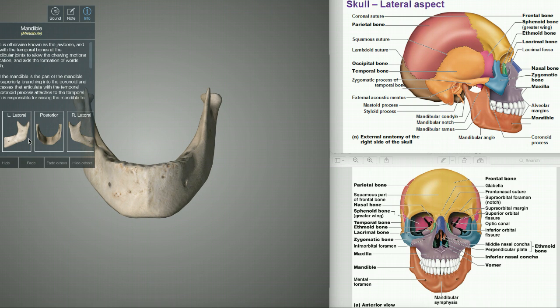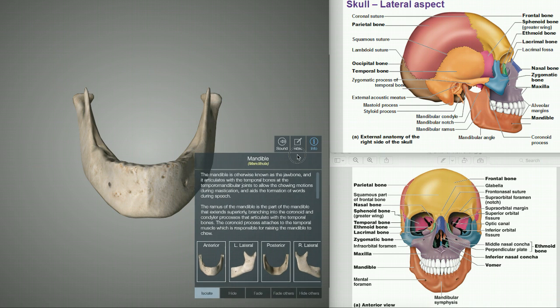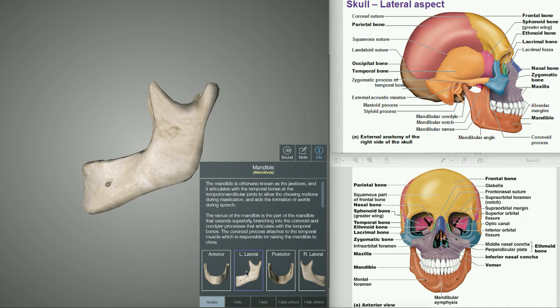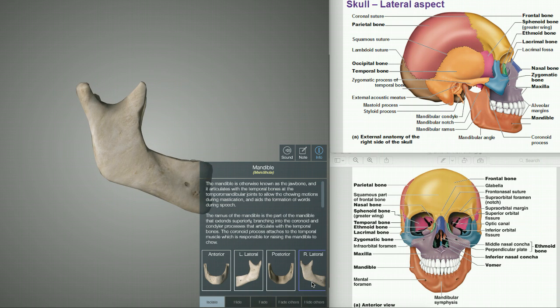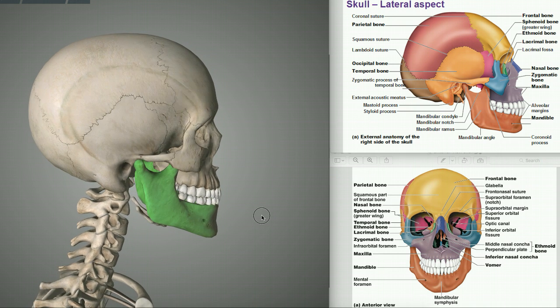Here we have the anterior part, here's the lateral part, here's the posterior, and here's the lateral again. Now if I bring this back, that's the mandible.